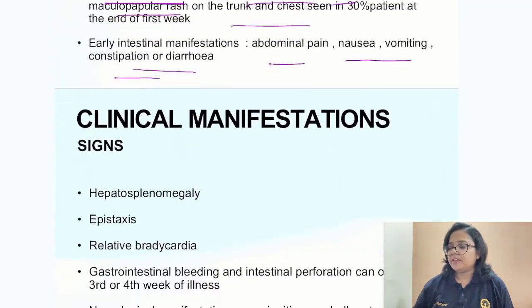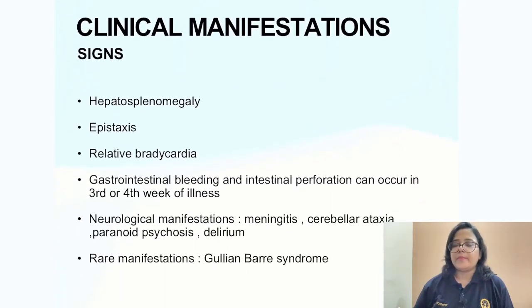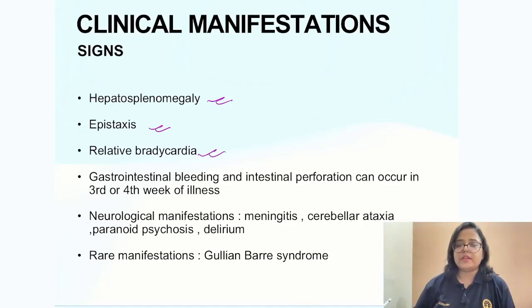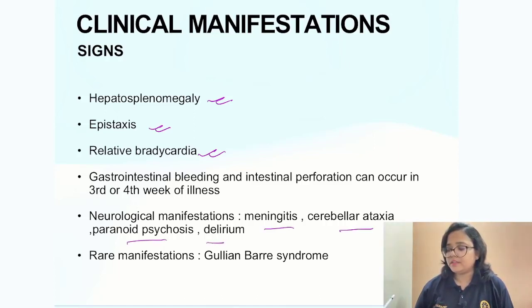Now what are the signs? The signs are hepatosplenomegaly, which may be found on examination, epistaxis, and relative bradycardia. Gastrointestinal bleeding and perforation can occur in the 3rd or 4th week of illness. Neurological manifestations we have are meningitis, cerebellar ataxia, paranoid psychosis, delirium.